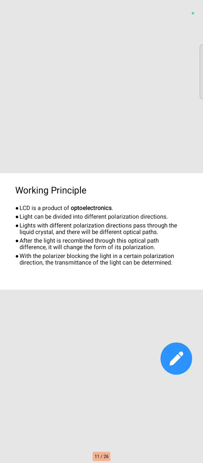Right? This light can be divided into different polarization directions. If the lights with different polarization directions pass through a liquid, there will be different optical paths. After the light is recombined through this optical path difference, it will change the form of its polarization, with the polarizer blocking the light in a certain polarization direction. The transmittance of the light can be determined.